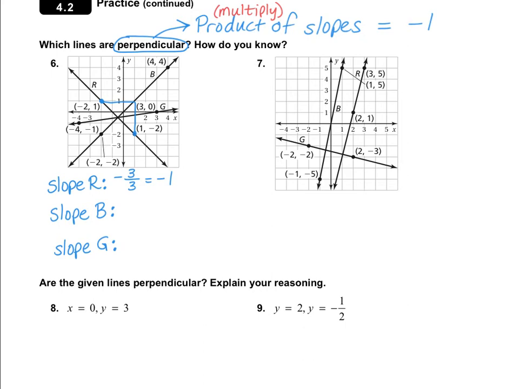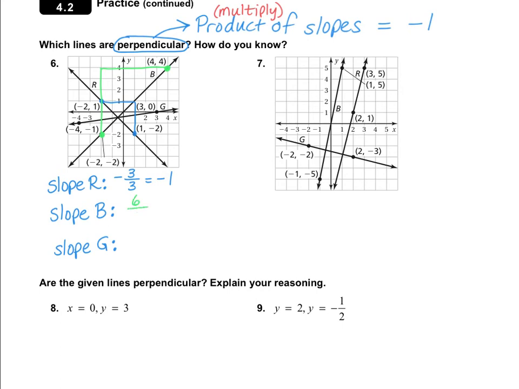Now let's find the slope of B. B has these 2 points here and here. If I draw my triangle, I'm going to count up 1, 2, 3, 4, 5, 6 and over 1, 2, 3, 4, 5, 6, and it's heading in the positive direction this time.